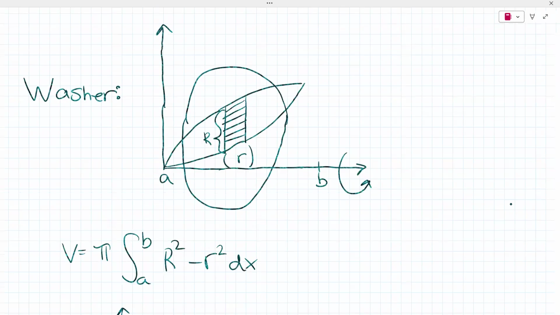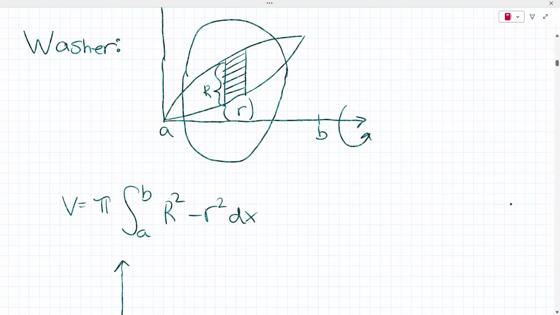With the washer method, V equals pi times the integral from a to b of big R squared minus small r squared dx. Also note for the washer, you have this axis of revolution, and the shaded area is not exactly flush against the line.